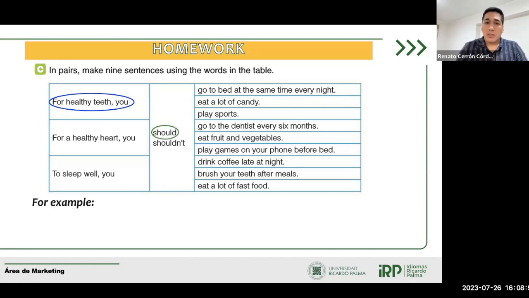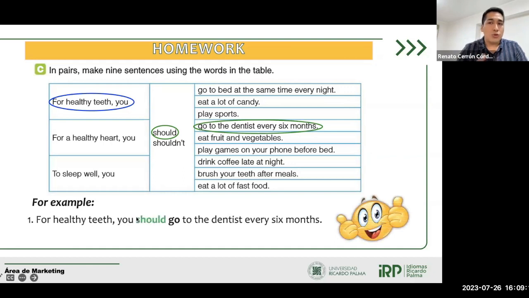Okay, so the next part has to be coherent. The idea that you are going to use here needs to be logical. For example, for healthy teeth, you should go to the dentist every 6 months. See? All right.